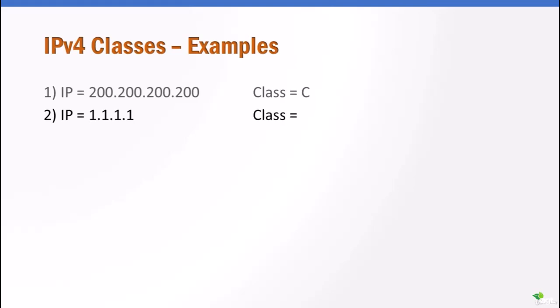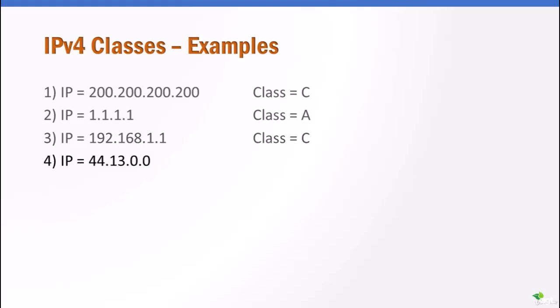1.1.1.1. This is definitely class A. Next example is 192.168.1.1. This is probably the most familiar IP address, and it belongs in class C. Fourth example, 44.13.0.0.